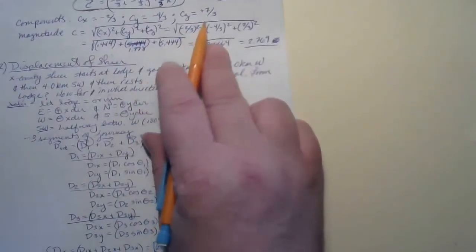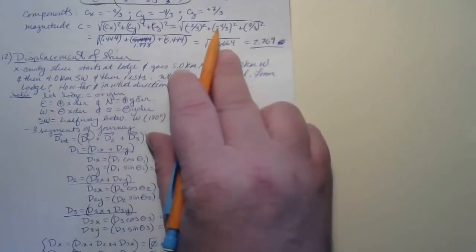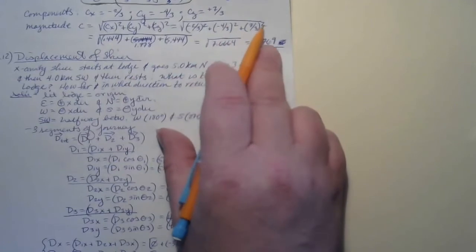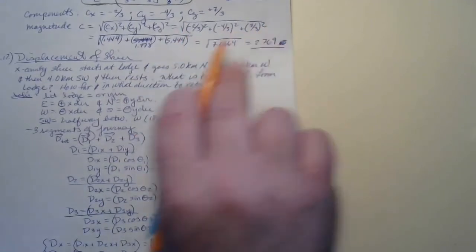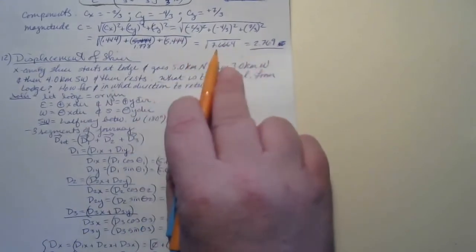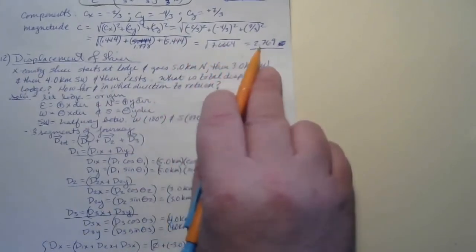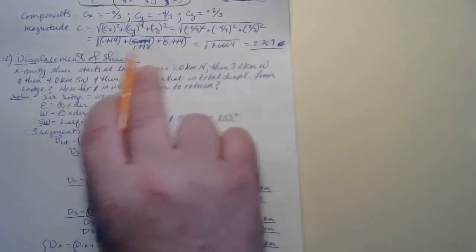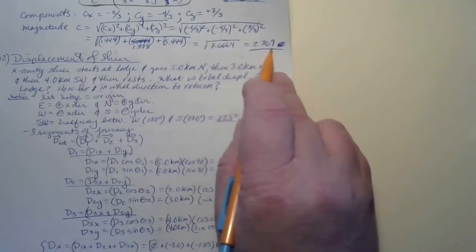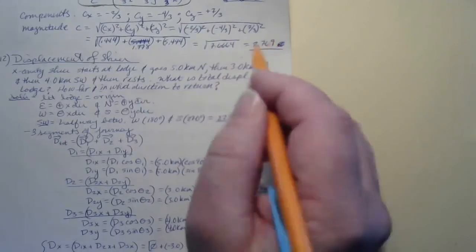And so that is negative 2/3 squared plus negative 4/3 squared plus 7/3 squared. Take the square root of it. And that comes out to the square root of 7.6664. I eventually did have to round off and use decimals. And that's 2.769. That's the magnitude.